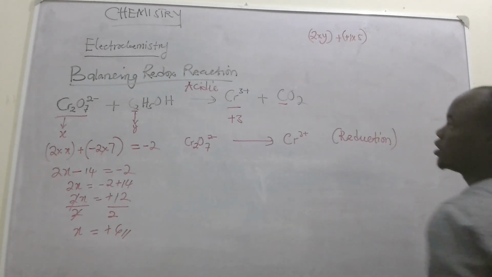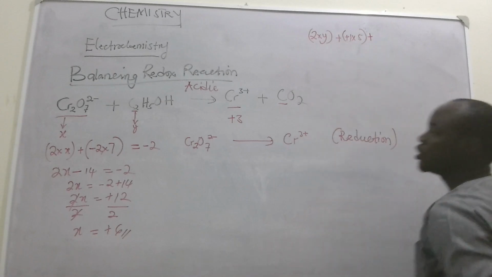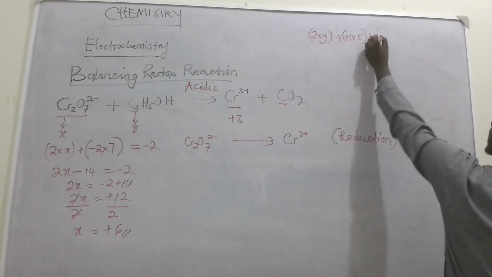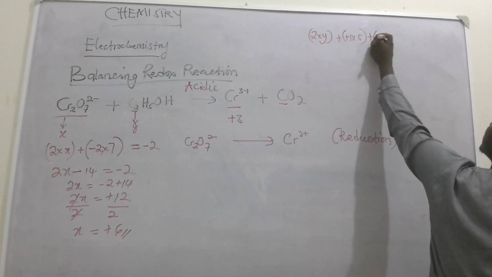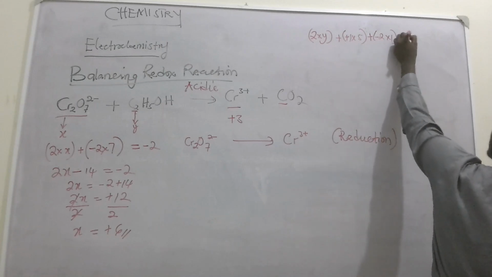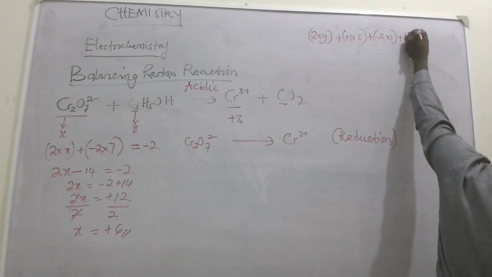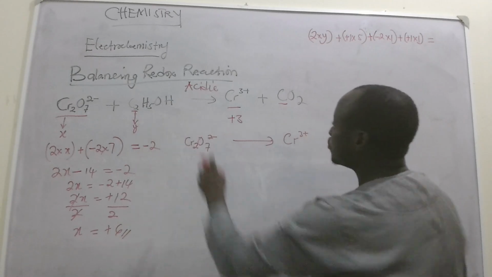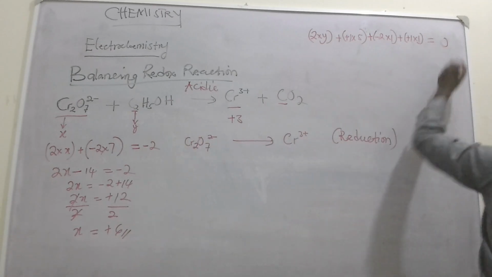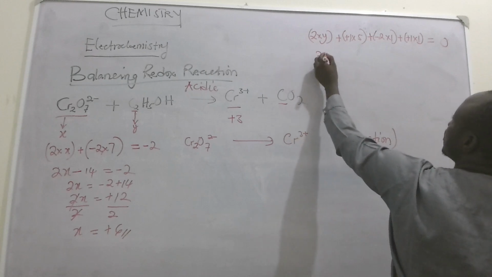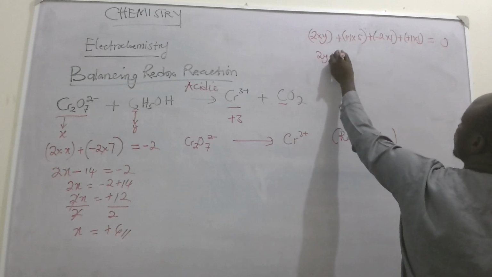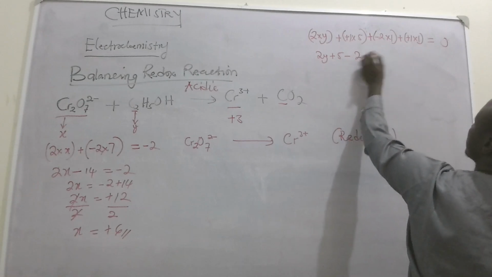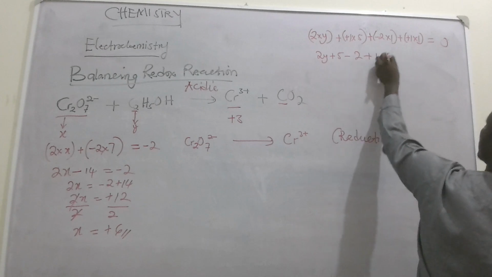Then plus, the oxidation number of oxygen is always negative, so it's minus 2 times 1. And of course we have another hydrogen, plus 1 times 1. The net charge here is 0, so there is no charge. So we have 2y plus 5 minus 2 plus 1 is equal to 0.